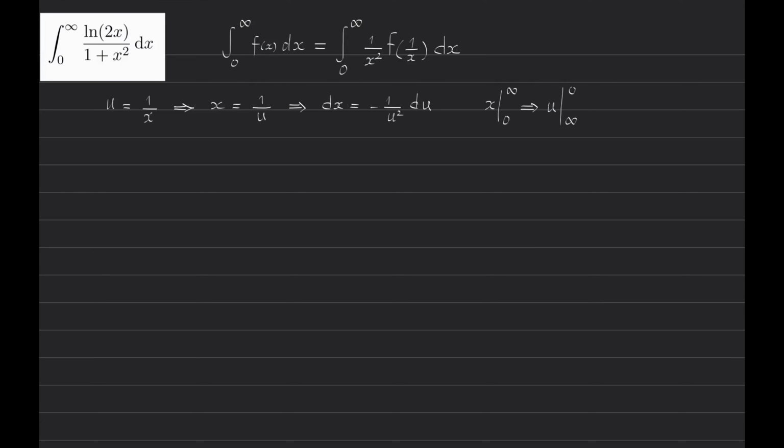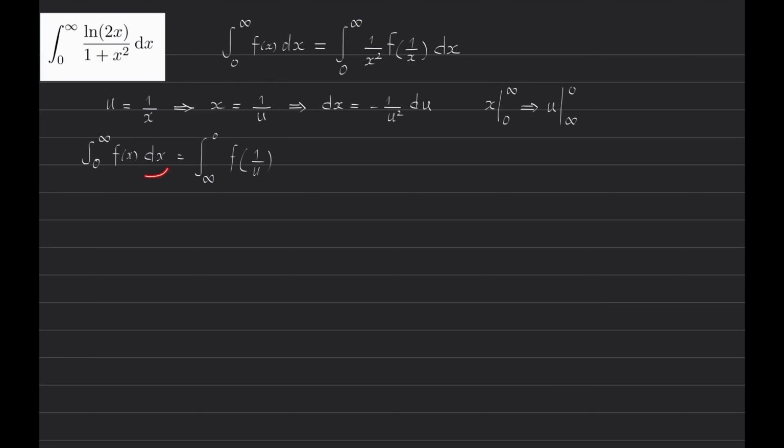So this means that the integral from 0 to infinity f of x dx can be written as an integral, instead of going from 0 to infinity, going from infinity to 0. Instead of f of x, I write f of 1 over u, because x is 1 over u.